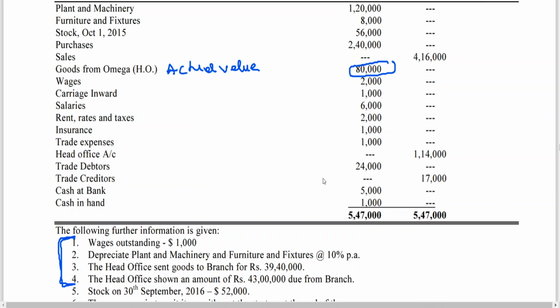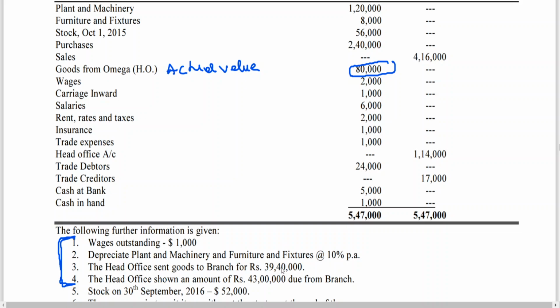Goods received from head office or goods sent to head office, whether it is an integral foreign operation or a non-integral foreign operation, we need to take the actual value recorded in the head office books. What is the actual value recorded in books?